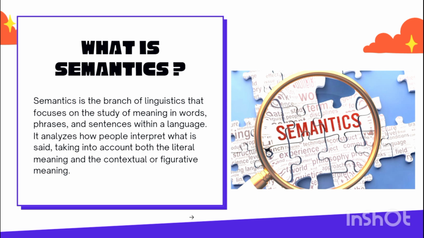For example, although the phrases "it is hot" and "I'm sweating" have different structures, they can express a similar idea depending on the context. Semantics helps us understand the relationship between language and meaning. Another example: "it is raining heavily" and "there is a storm" have similar meaning even though they are structured differently.